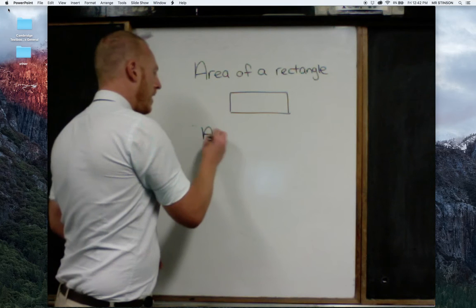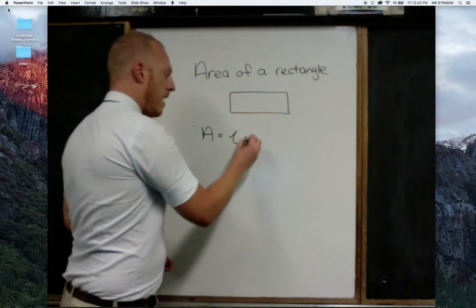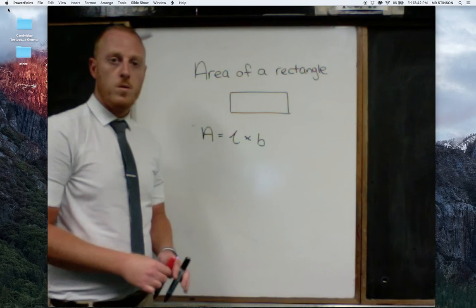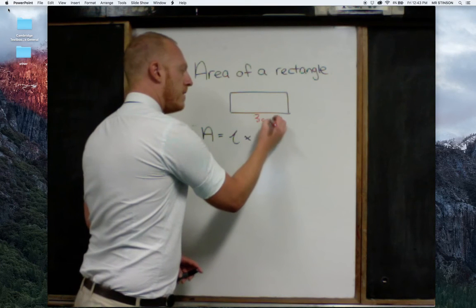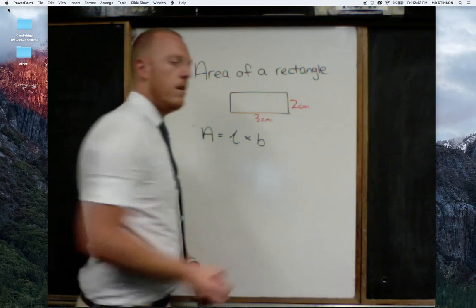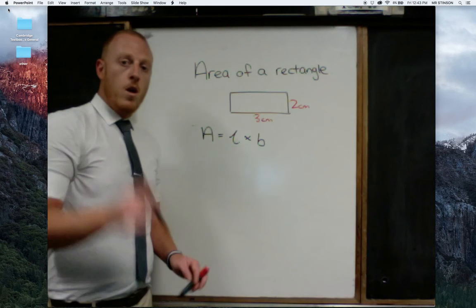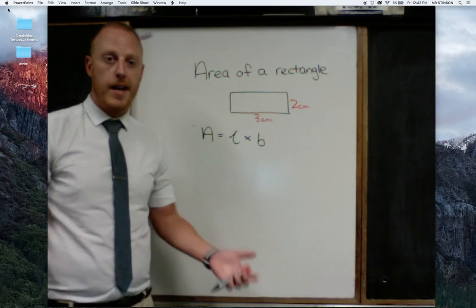A equals length times breadth. So let's look at a rectangle that has a length of 3 centimeters and a breadth of 2 centimeters. And let's find the area of this rectangle. 1. Write your formula. Area equals length times breadth.